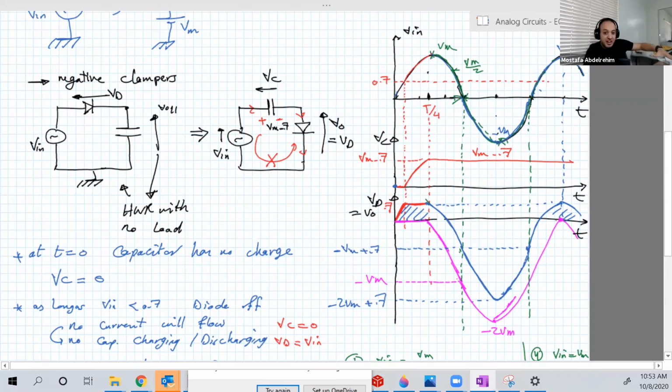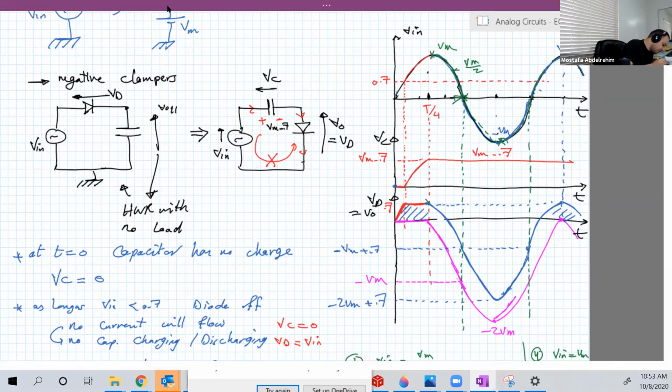So with the ideal model, you can see that the level is really minus Vmax. You guys get the idea, or is something still not clear here? It is exactly the half-wave rectifier with smoothing filter, no load, but we take the output on the diode, not on the capacitor. That's it. Clear? So let's make this.